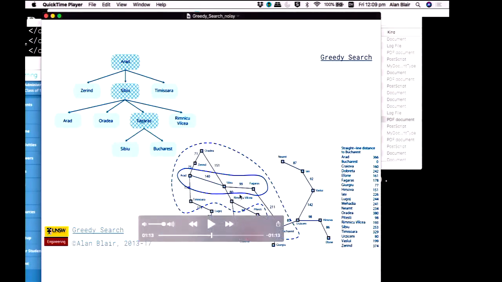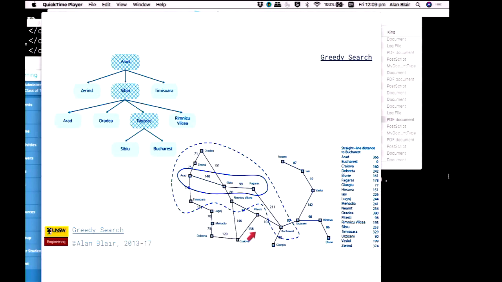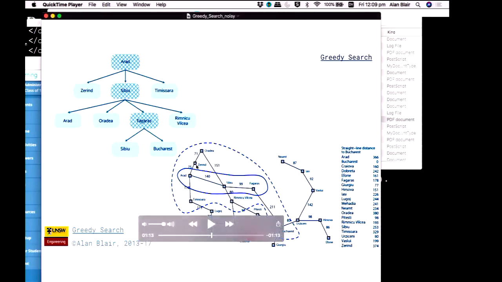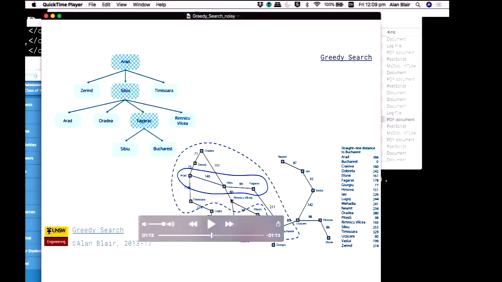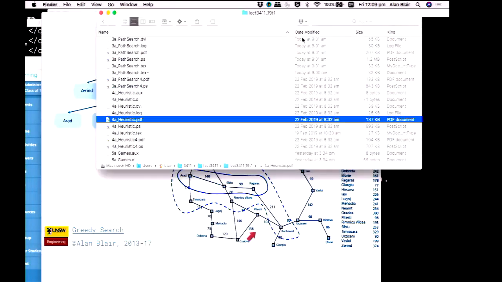But notice, it did find it, and this is typical behavior. Normally greedy search does find a solution very quickly, but it doesn't find the best solution. So here it's found this solution, but we know already that this one here is a little bit shorter. Okay.